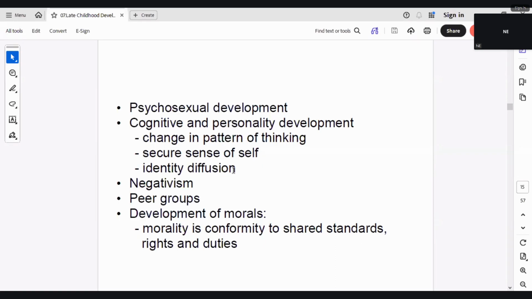Now identity diffusion is a really interesting concept, and we're going to talk about that with Freud as well.